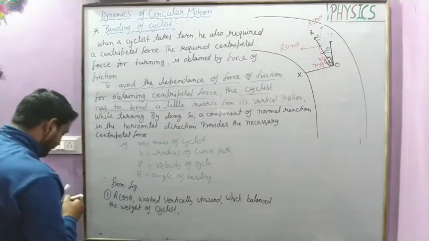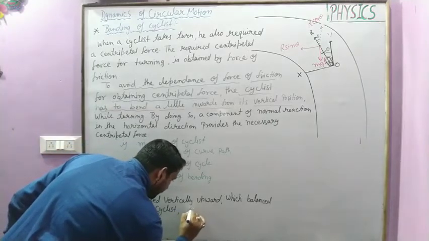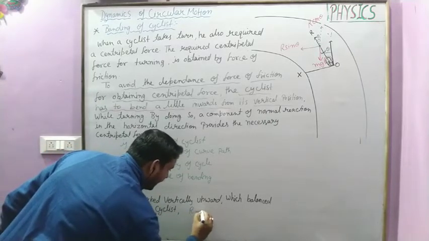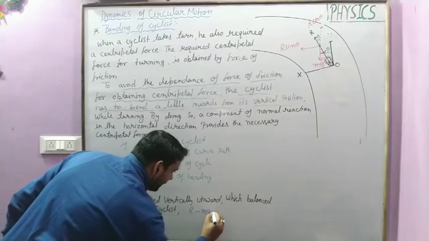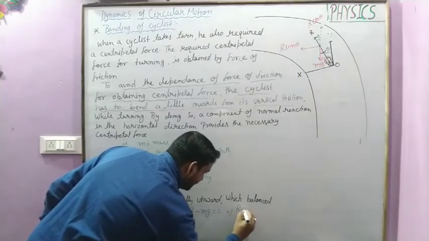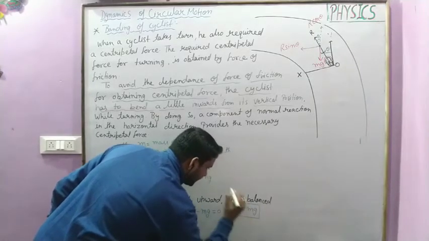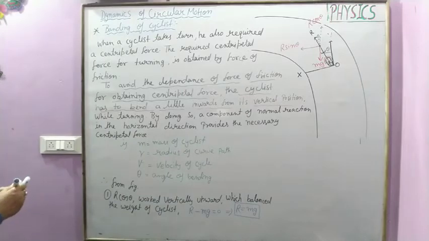That is, in equilibrium, R cos theta minus mg equals 0, so we get R cos theta equal to mg. This is the first equation.